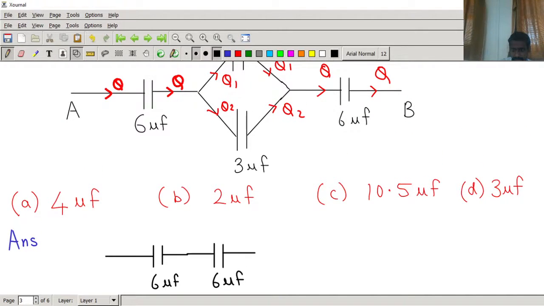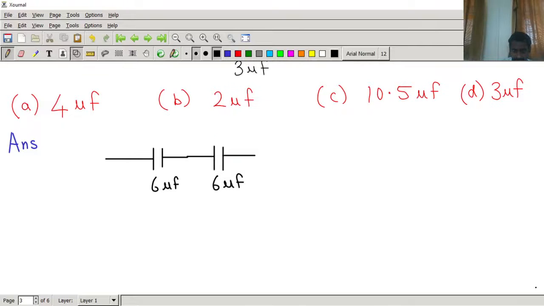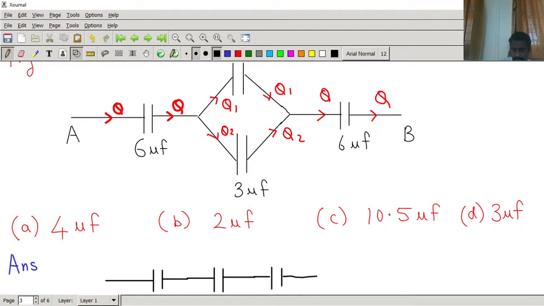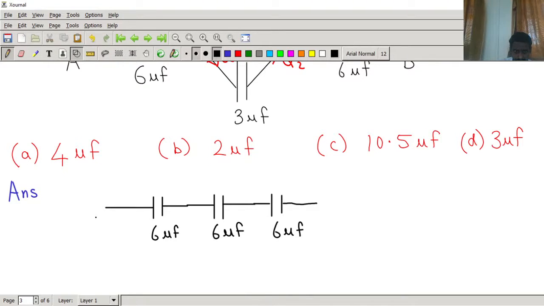Now between A and B we have 3 capacitors of 6 microfarad, 6 microfarad and 6 microfarad, and they are connected in series. Now how to find the total capacitance?